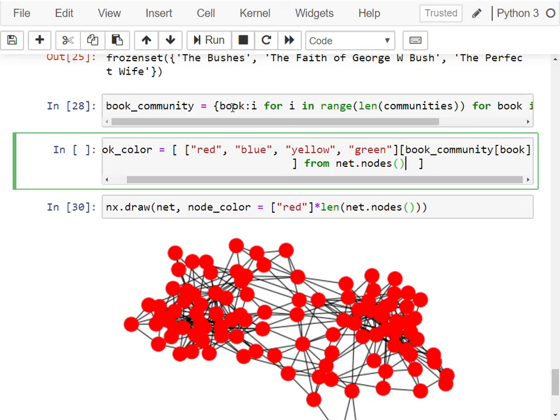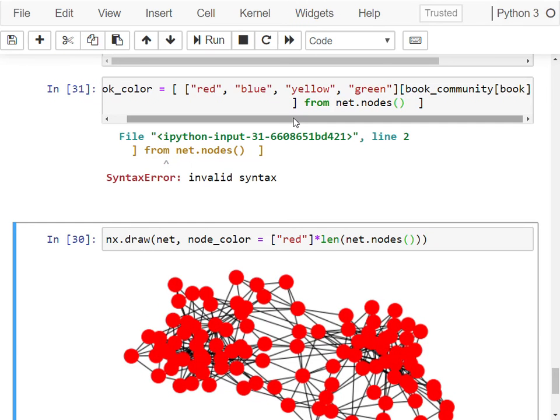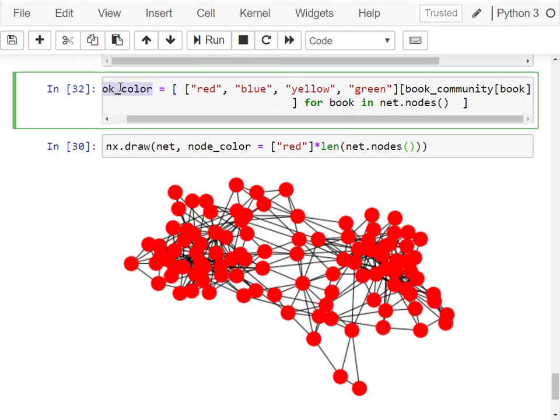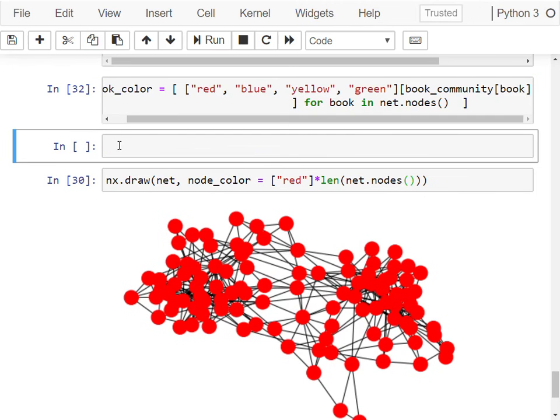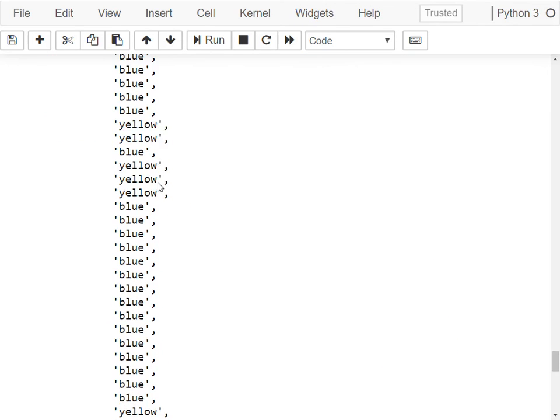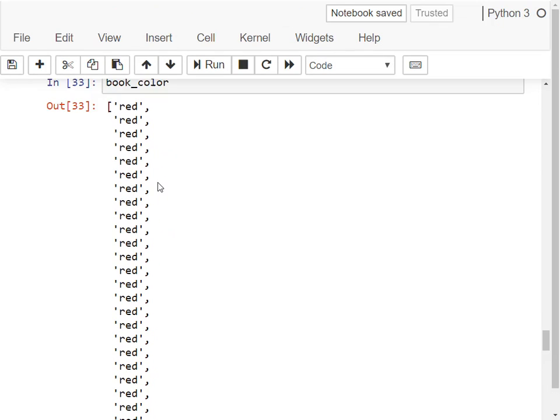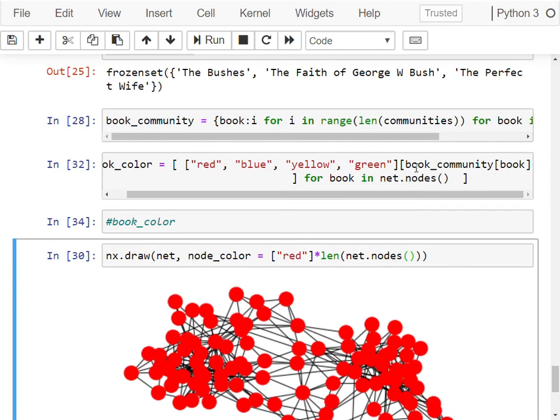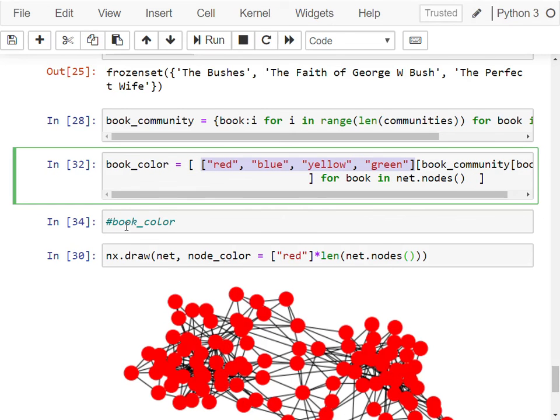This way I ensure I have the same ordering of the nodes that maps to the ordering of the nodes in the network. For each book in network.nodes. Okay, so basically this is a big list stating the colors of the nodes. Those colors were constructed by consulting the community of the book in the book_community dictionary and mapping it to a color.